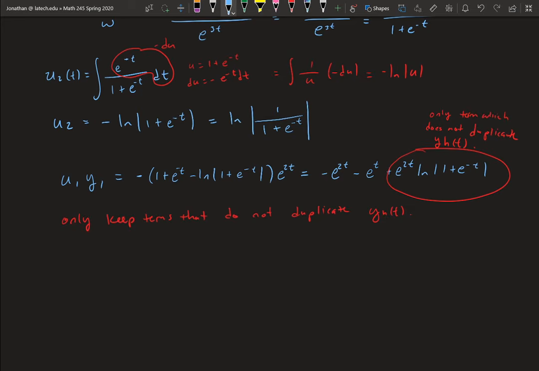So u2 y2 will be equal to e to the t natural log absolute value of 1 over 1 plus e to the negative t. And that doesn't duplicate yh.